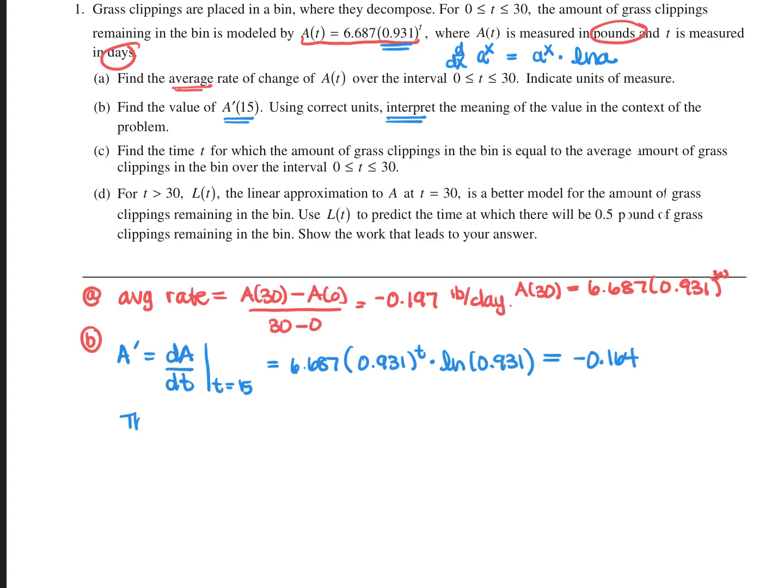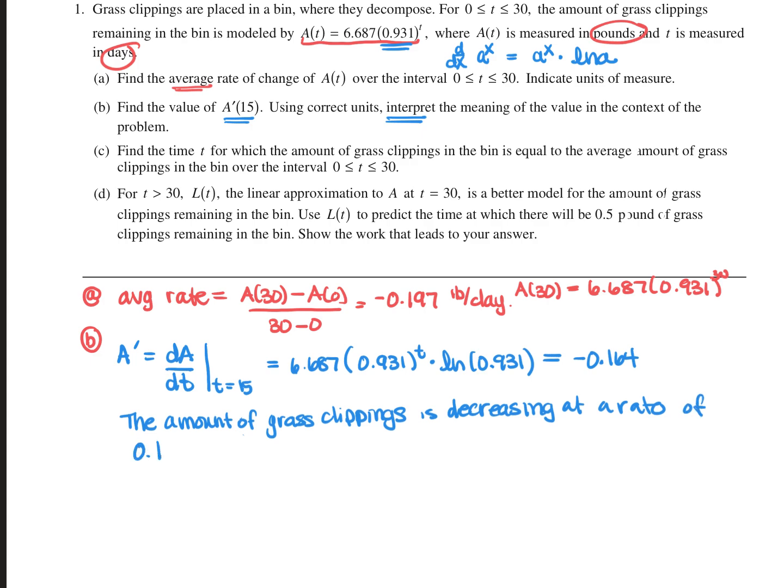It says the amount of grass clippings is decreasing at a rate of 0.164 pounds per day at time equals 15.